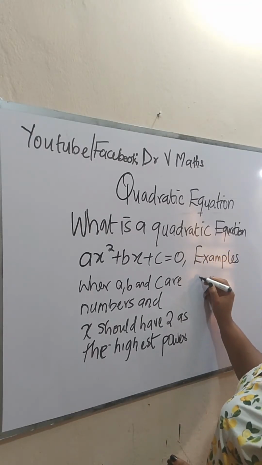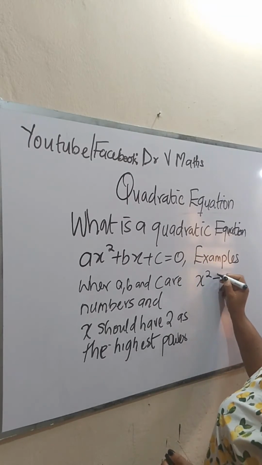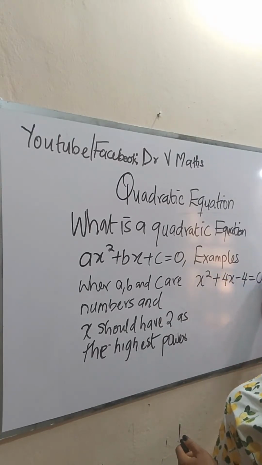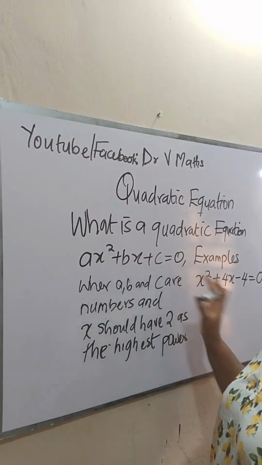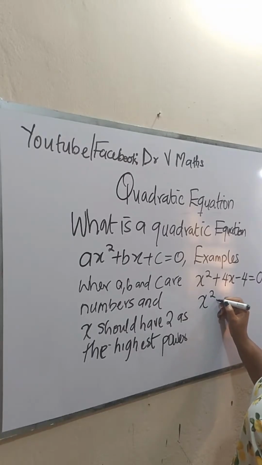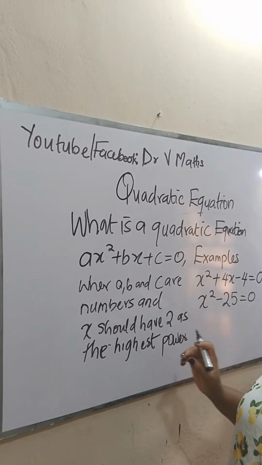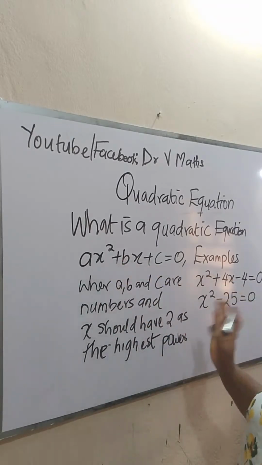We have x squared plus 4x minus 4 equals 0. This one is a quadratic equation. It has all the terms and numbers complete. Now, if you have something like x squared minus 25 equals 0, this is also a quadratic because x here has its highest power as 2. We have only one x and the highest power is 2. So it is a quadratic.